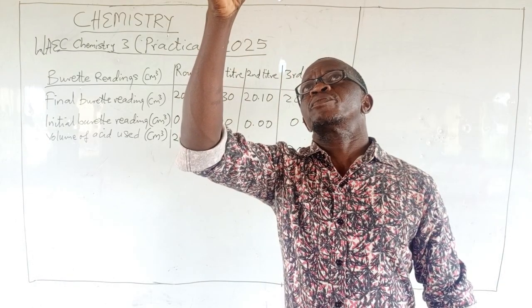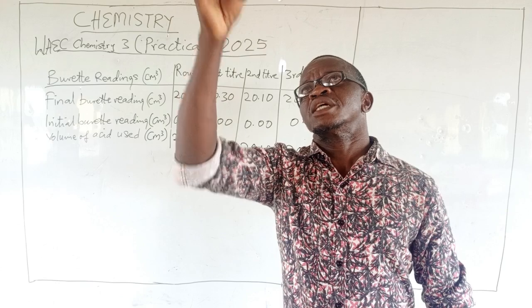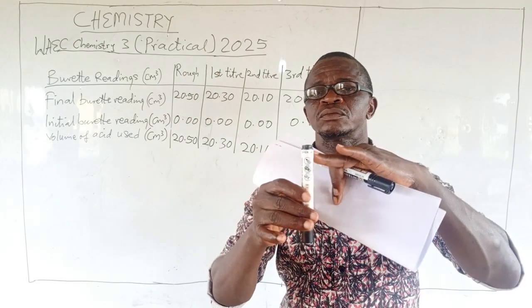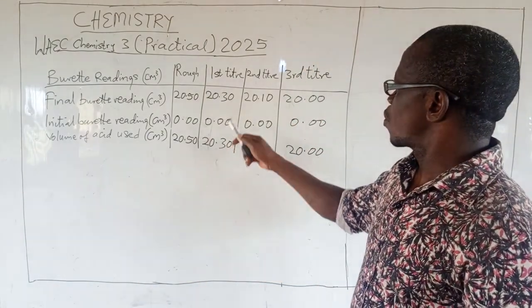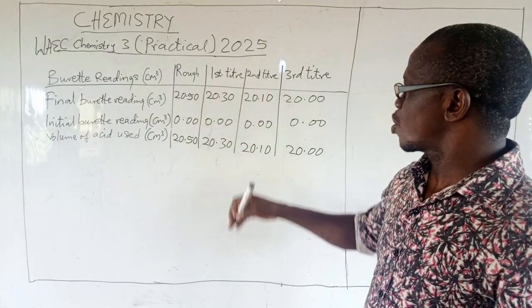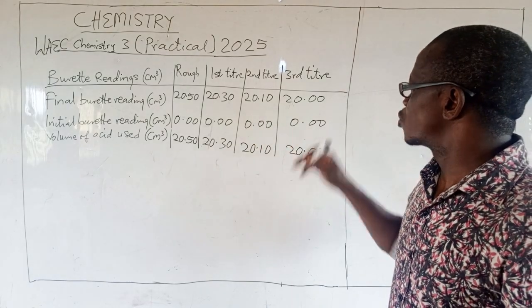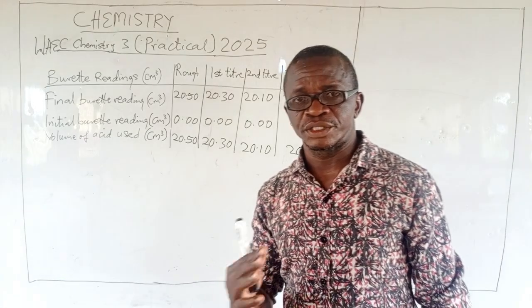Do not also keep it like this and take the reading. You will not get the right reading. Always place it straight to your eye level and take the reading. Okay, so now do the second one, do the third one, and so on till first, second, third are done.